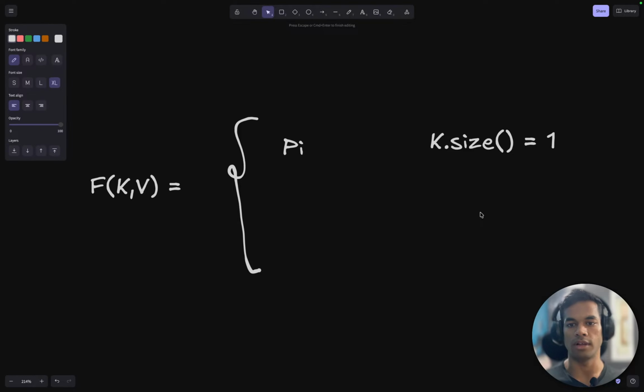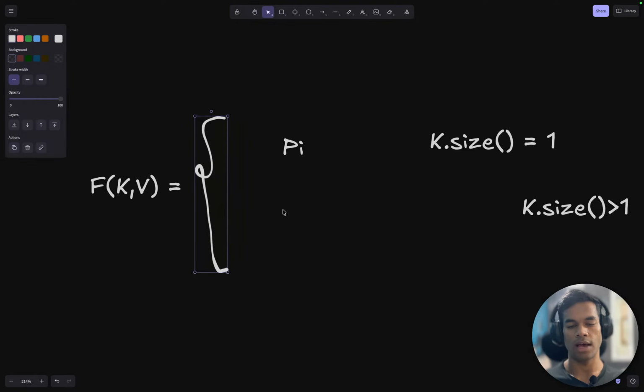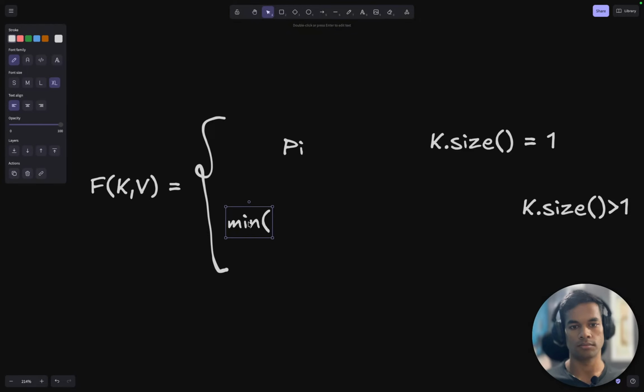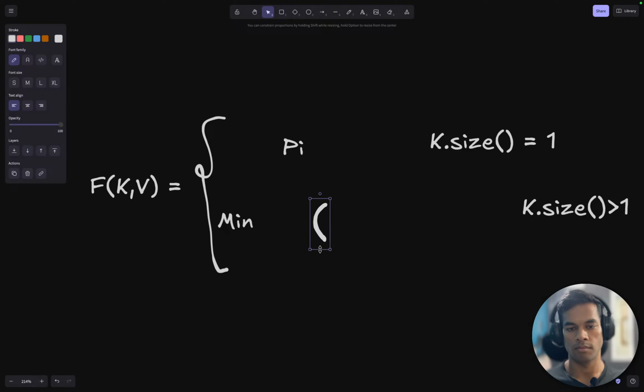But if that is not the case, if k dot size is greater than 1, then we have to find the minimum.